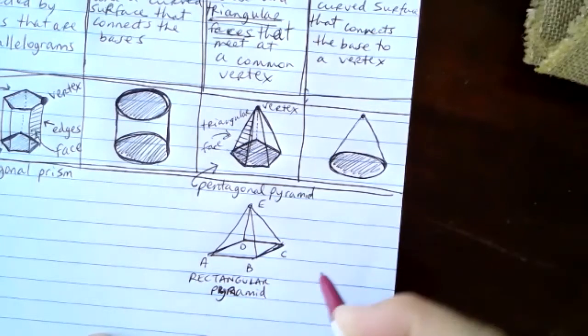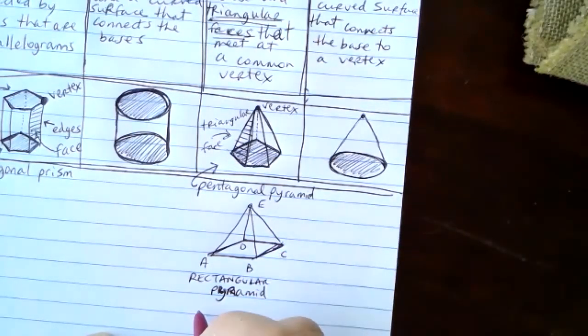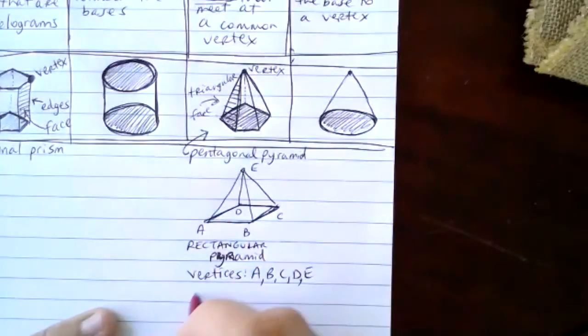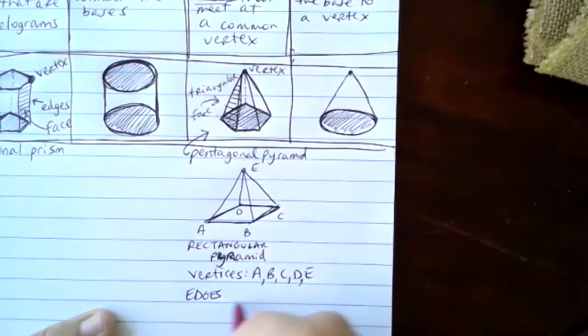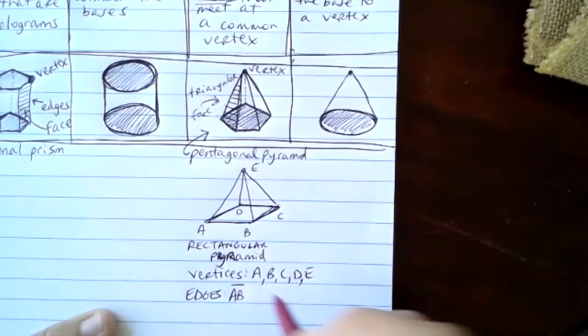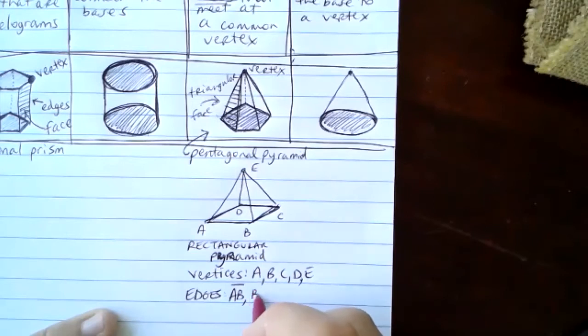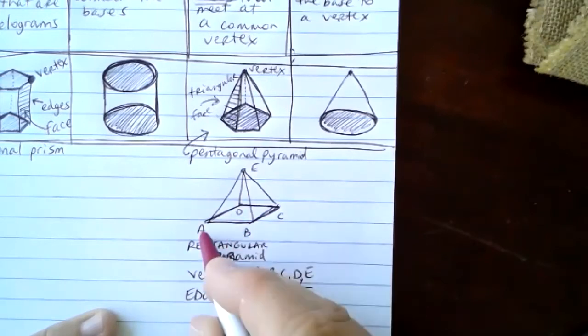Okay, and so now the vertices are A, B, C, D, E. And the edges are AB, line segment, BC, line segment, CD, and then DA, because it comes back around.